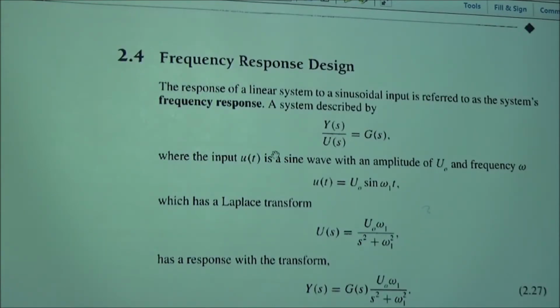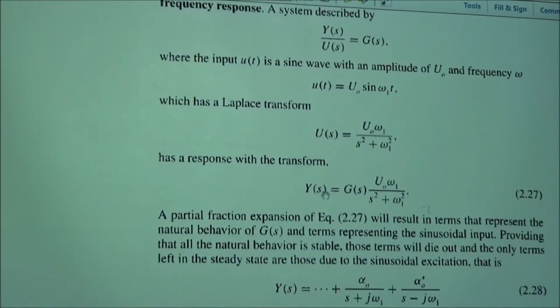You could have your plant, you could have a sinusoidal function with this Laplace transform, and you come up with an output, which also would be a sinusoidal function, except that it has a change in the amplitude, depending on the value of the input signal, U0, and then of course you also have a shift in the phase.